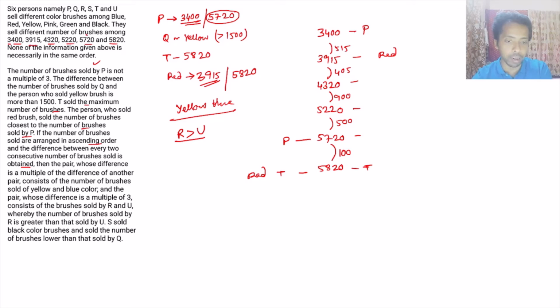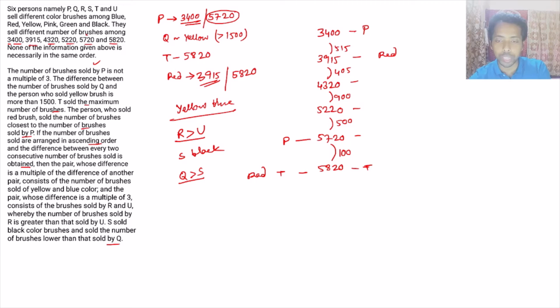A sold black color brush and sold a number of brushes lower than that sold by Q. So Q is more than S. Now, if this is 100, this is 500, only this option, or 900, we can take. No other choices are possible.